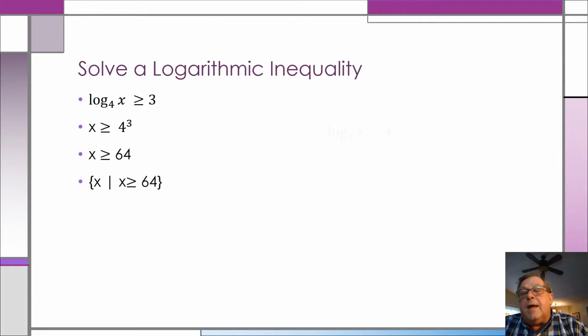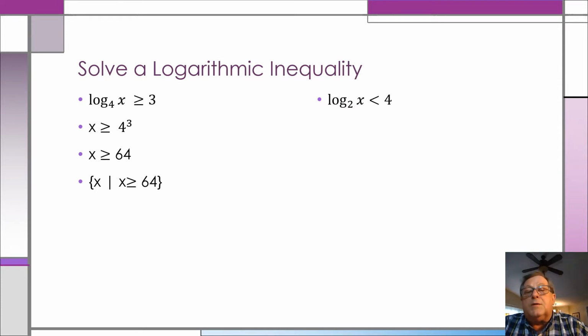Now, in the next one, we've got log base 2 of x is less than 4. I've got to be aware of what could cause me to take the log of something that is either 0 or a negative number.